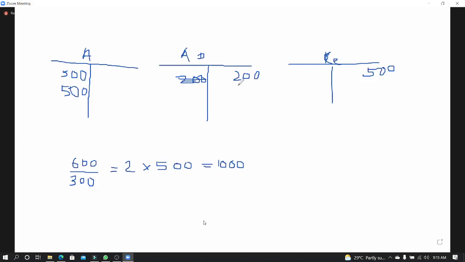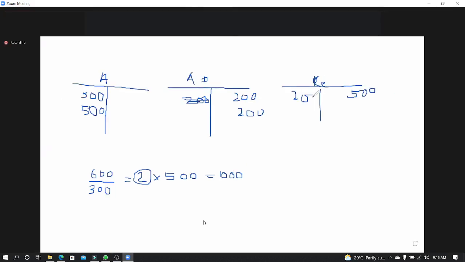So here also we have to give this ratio and we have to include 200,000 here and we have to come back to the revaluation account.